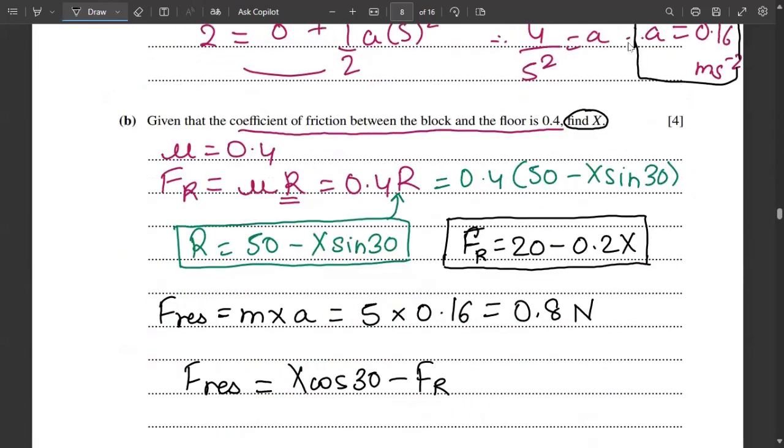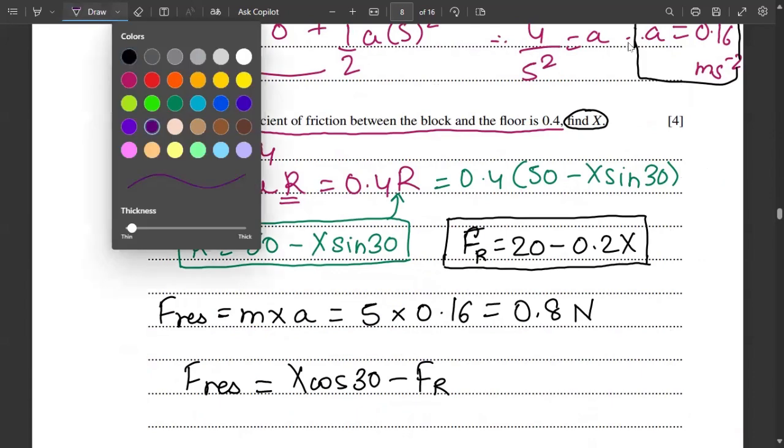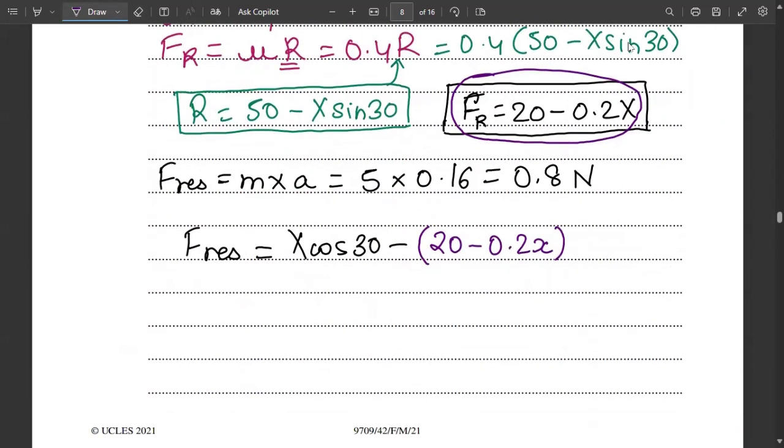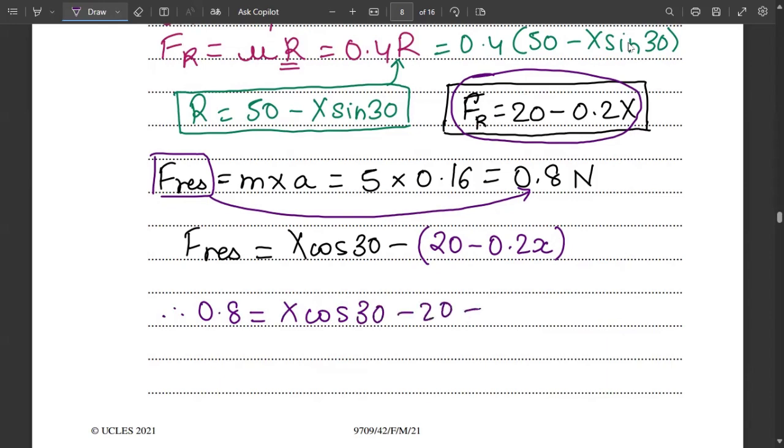Now we know FR is 20 minus 0.2X, so instead of FR, I can write bracket 20 minus 0.2X. And I know F resultant is 0.8. Therefore, 0.8 is equal to X cos 30 minus 20 plus 0.2X.